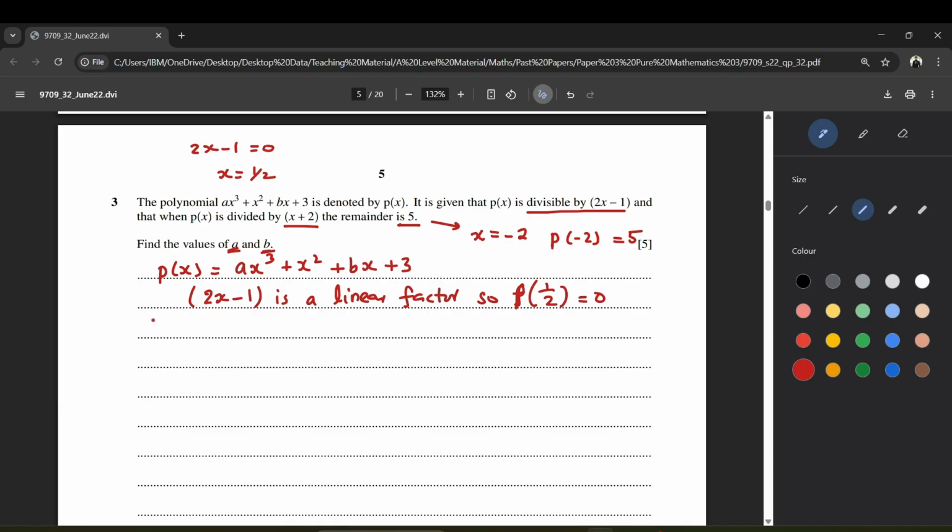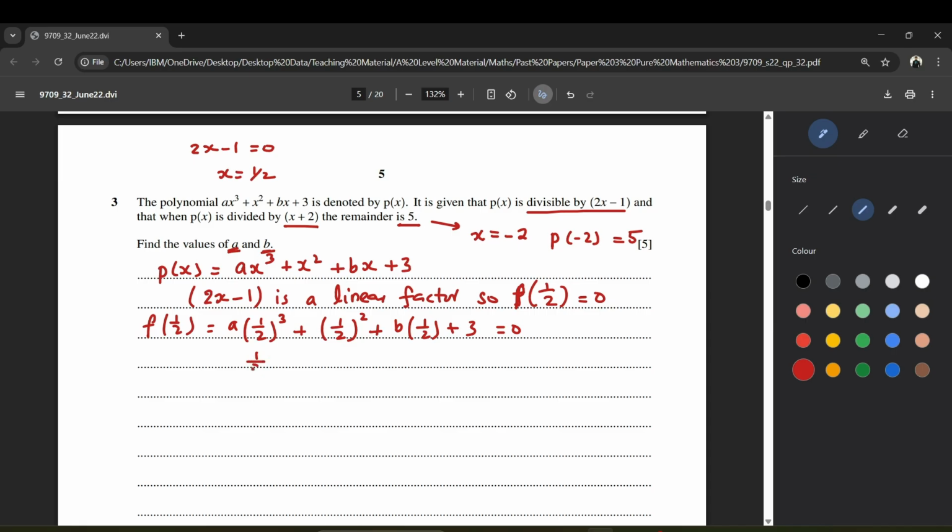So we can say that p of 1 upon 2 is equal to a times 1 upon 2 whole cubed plus 1 upon 2 whole squared plus b times 1 upon 2 plus 3 equals 0.